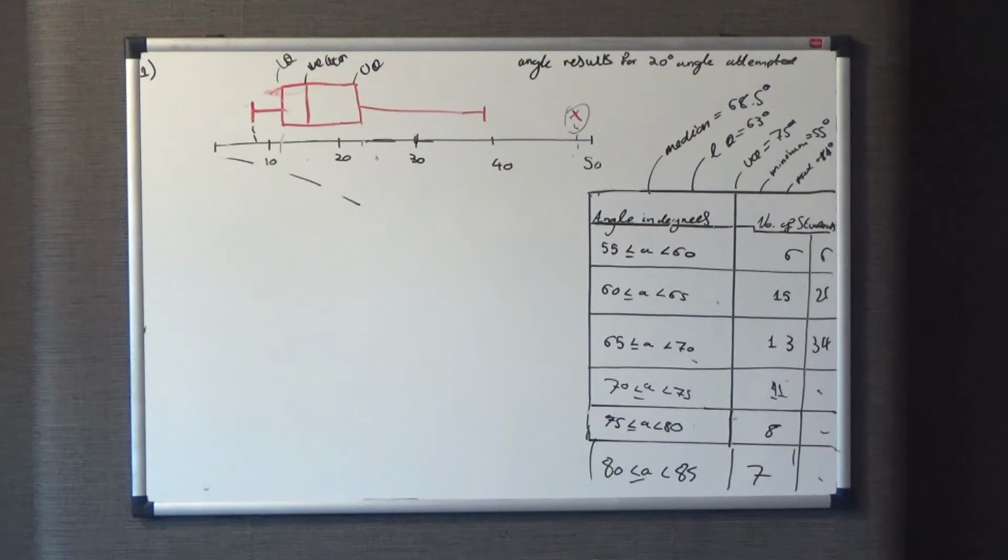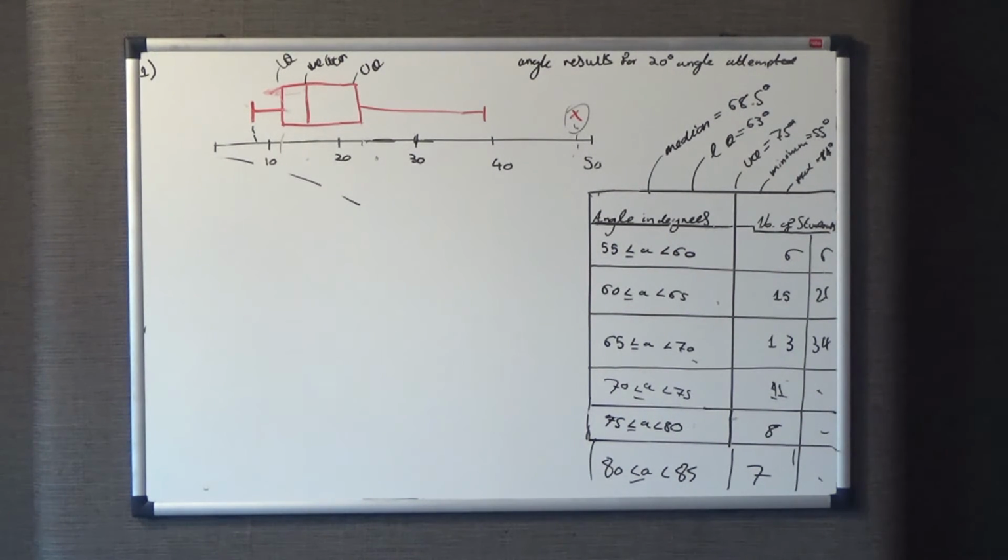So if it's an outlier on the outside of the range, past the upper quartile, it's the upper quartile plus 1.5 times the interquartile range, or if it's a lower outlier, it's the lower quartile take 1.5 times IQR. That's what it's just saying there, but it generally will always state that. So you don't necessarily need to remember the formula for the outliers, but it is kind of helpful.